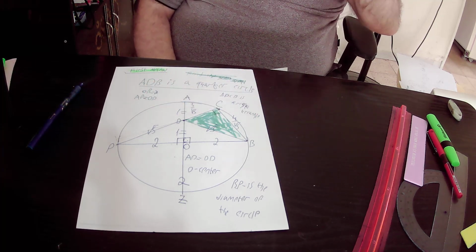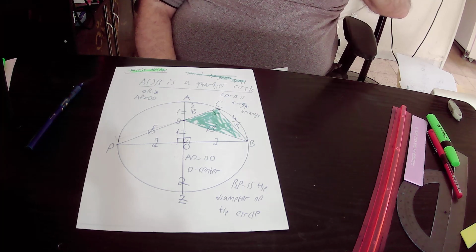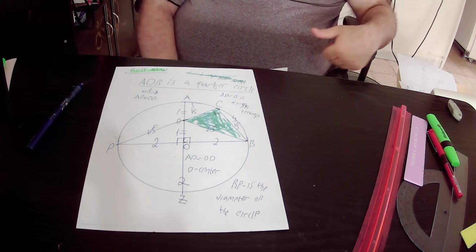And it is a contradiction, because any peripheral angle that is equal to 90 degrees must rest on the diameter of the circle, that is PB.